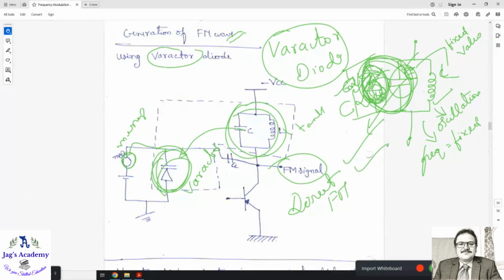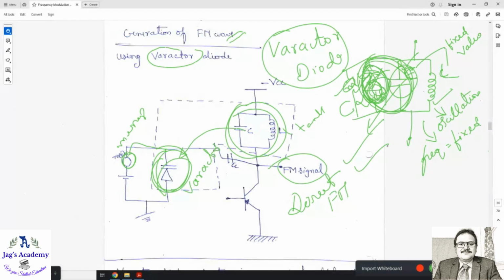You can ask me, is there any one circuit which generates FM? No. As many circuits as you have to generate an oscillator, you have that many ways of generating FM. 1,000 ways of generating FM. Any oscillation generating circuit will definitely be either an LC or RL or RLC circuit.